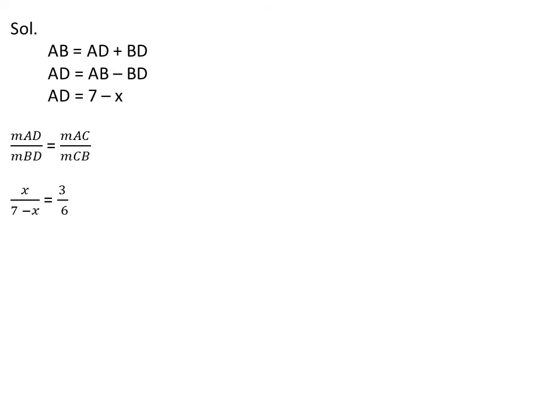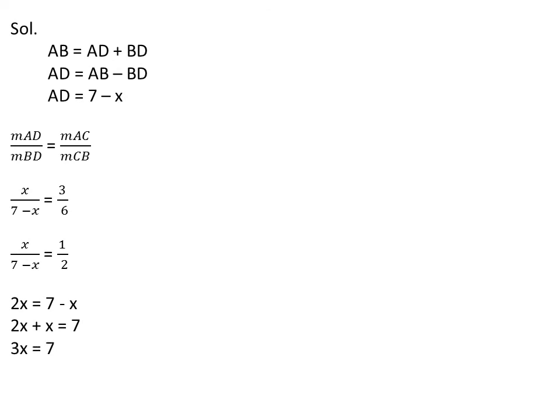By reducing the term on the right hand side we can write x over 7 minus x equal to 1 by 2. Now by cross multiplication we get the next equation, 2x equal to 7 minus x. By moving the same terms to the one side we can write 2x plus x equal to 7, and 2x plus x equal to 3x, which is equal to 7.